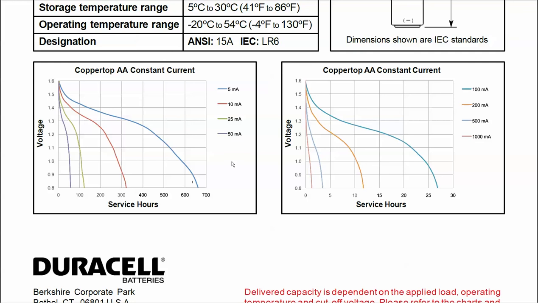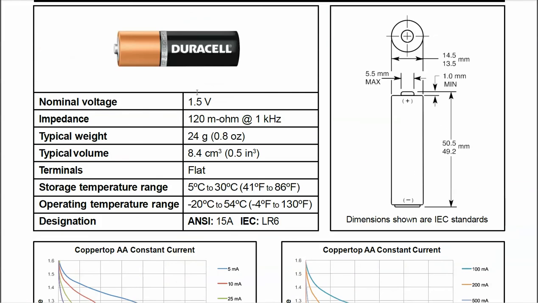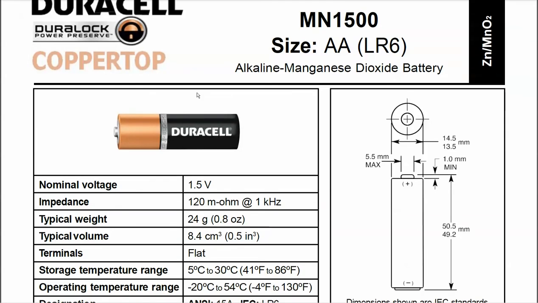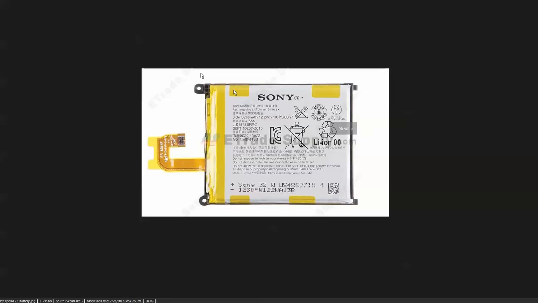And that is the constant current which can be used from the battery. And we can compare this battery. I think it has 2450 milliamp hours, or 1500, but I'm not sure. I think this is the model name. Let's compare it to the Sony Xperia, which is my mobile phone.